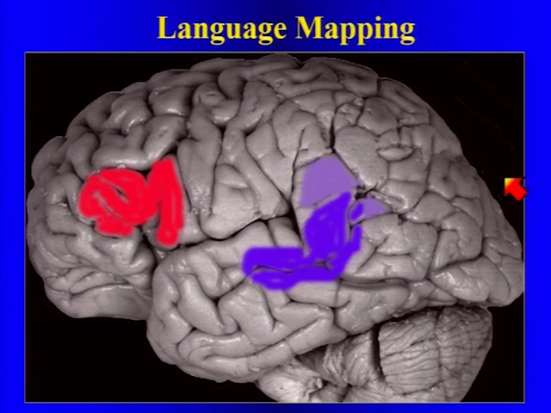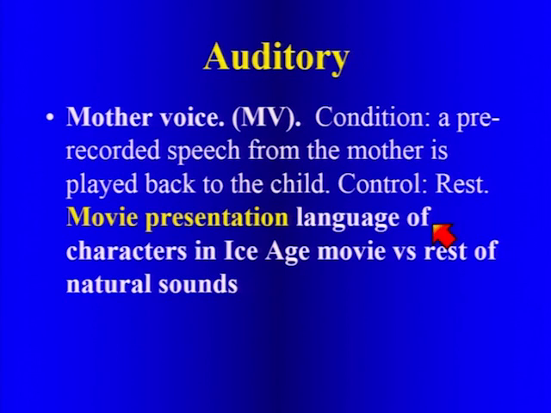A little bit about language mapping, and this is our eloquent area. I think it differentiates us humans from the rest of the animal kingdom, and it's very important that you don't resect dominant language area trying to cure seizures. So we do a couple of different paradigms.